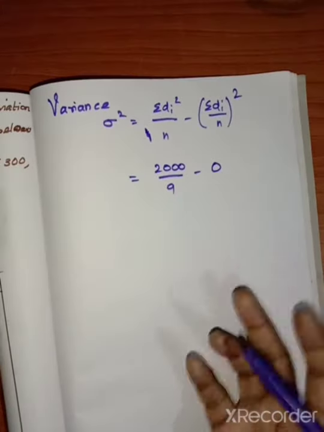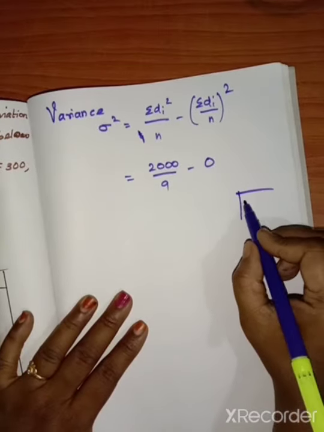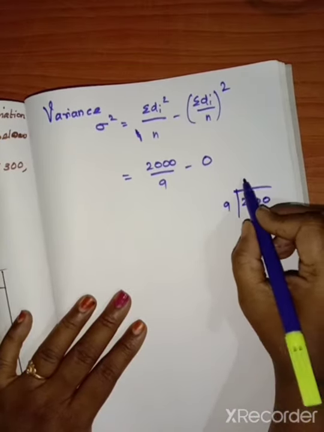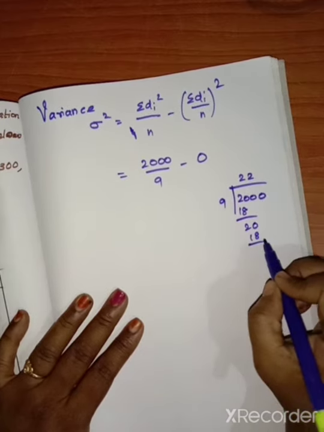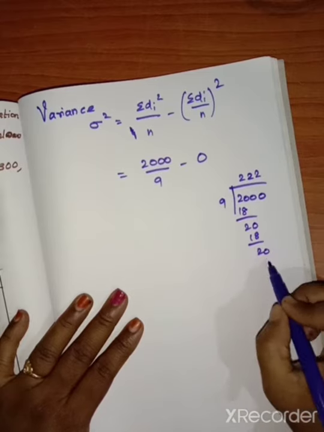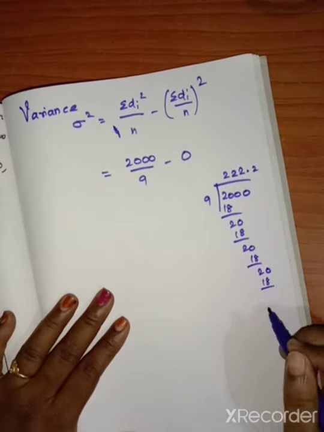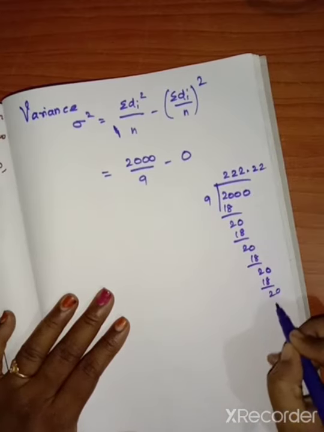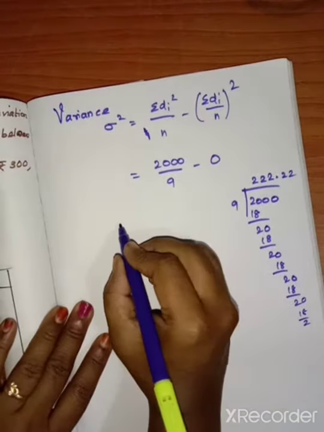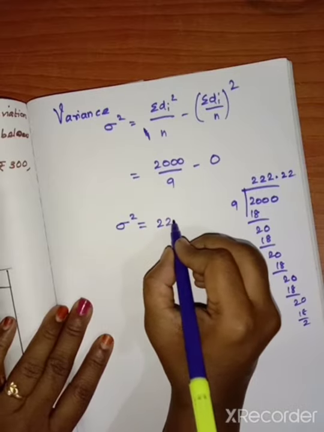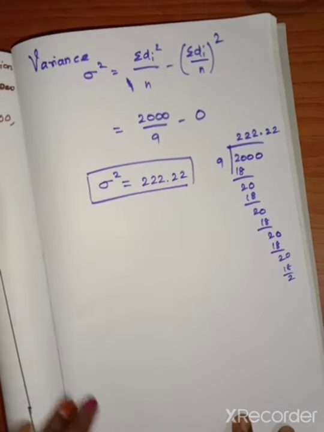Here we can cancel the value, so we can use the normal division. 2 nines are 18, remaining 2, again 0, 2 nines are 18, again 2, decimal point, 0, 2 nines are 18, again 2, and it will keep going on. So after the decimal we find two values. So sigma squared equal to 222.22.